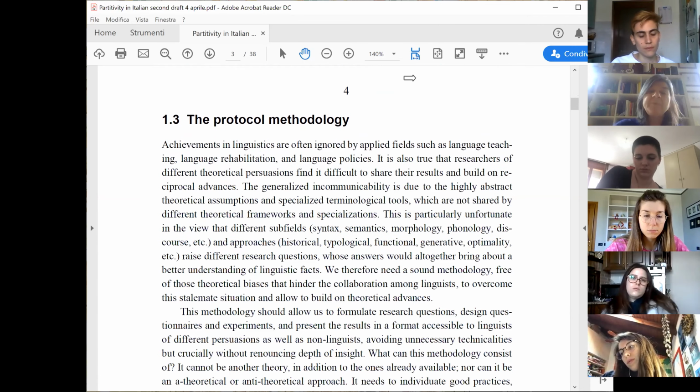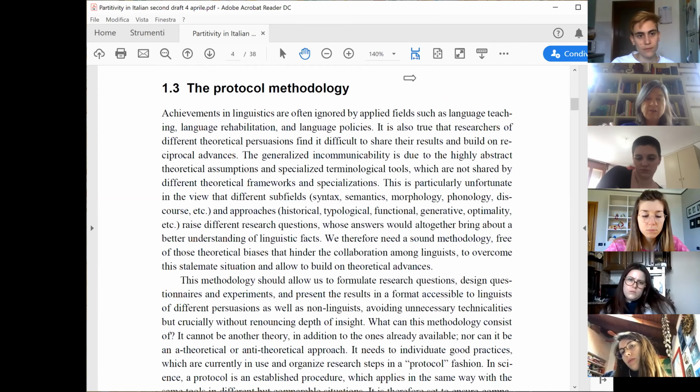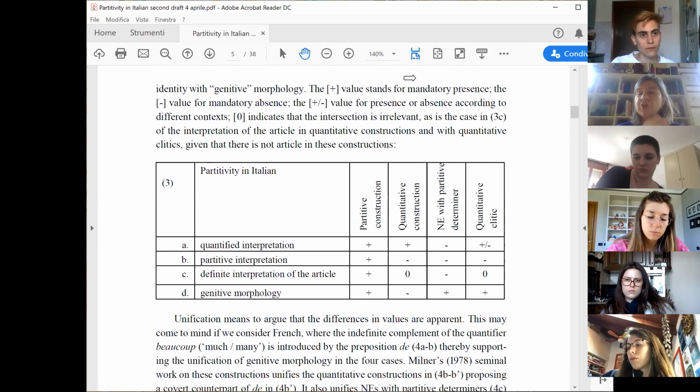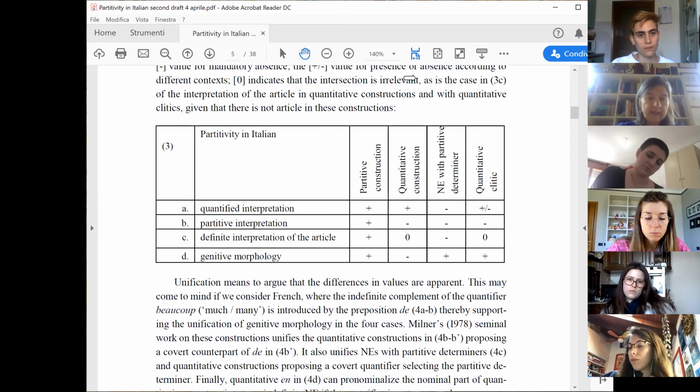Okay, then I present the protocol methodology, which is, let's say, my own invention, and I want to apply it again and again, and so I want to give it a theoretical status. I'm saying these are not just tables, there should be a thought at the back of the tables.